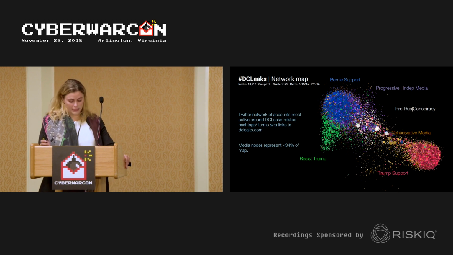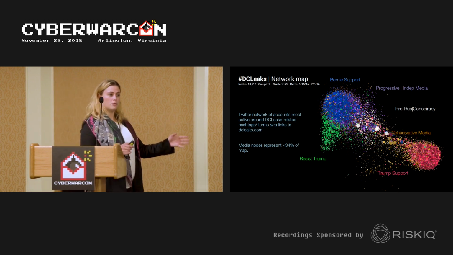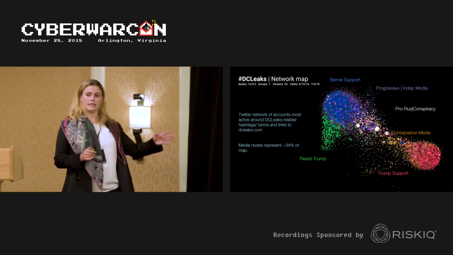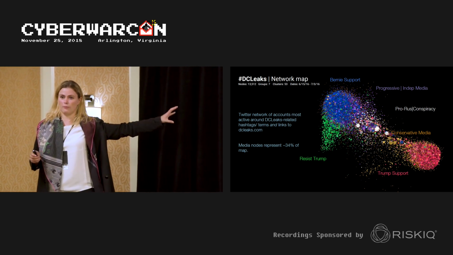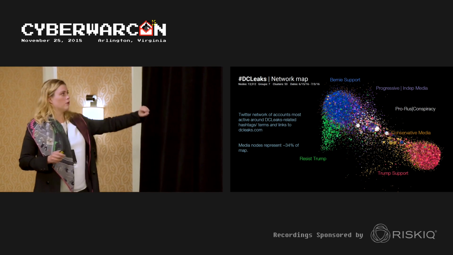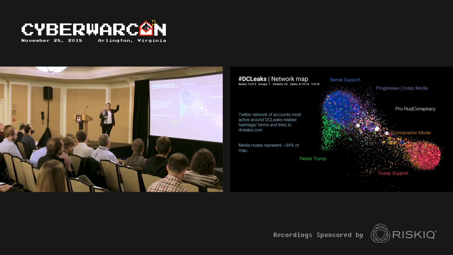So that's a map that I like quite a lot because it makes a point very clearly, which is that most of the dissemination here is obviously happening on the back of a hyper-polarized network. You see those 2 big clusters, the Bernie support cluster and the Trump support cluster. We call them cores.